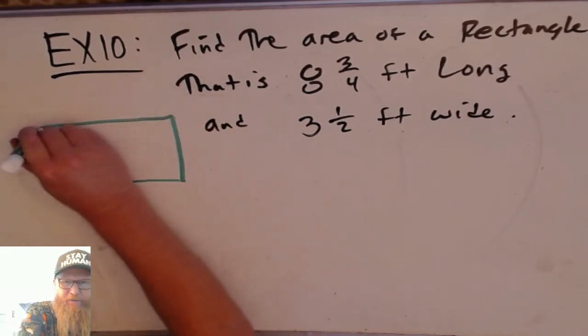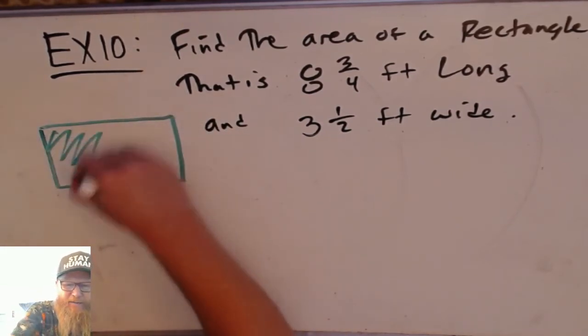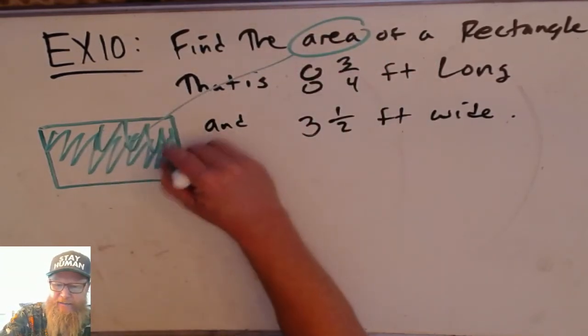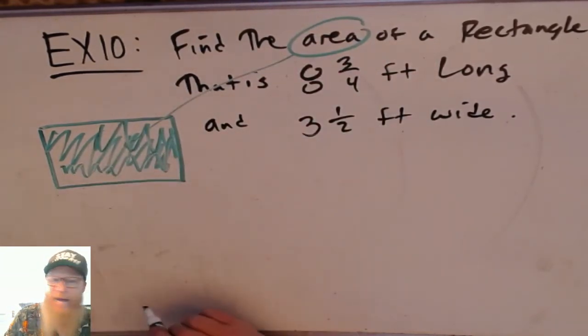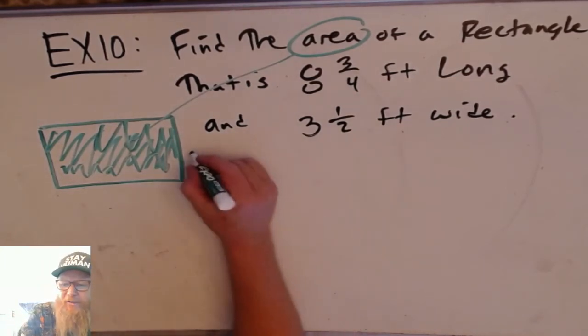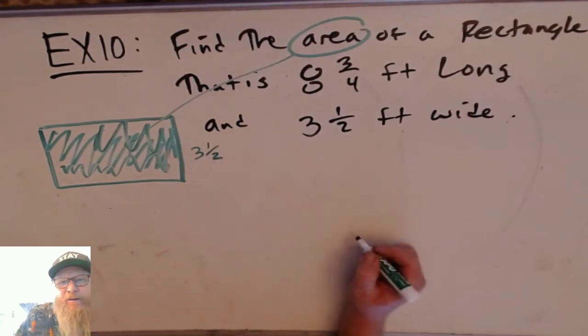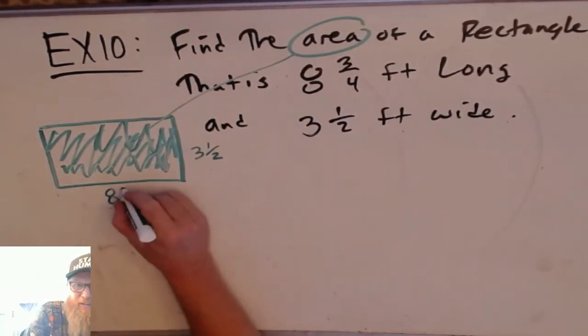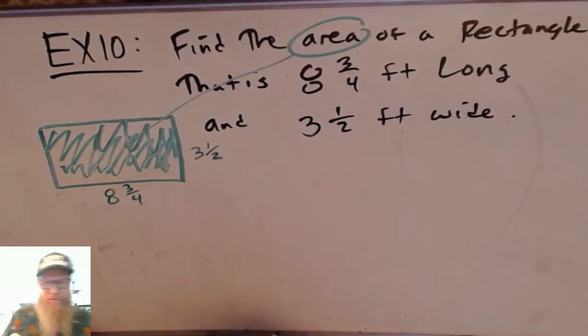So you have area. Area is the inside, not the outside. That's perimeter. All right, and then the short side is 3.5. That's how wide it is, and how long it is 8 3/4.